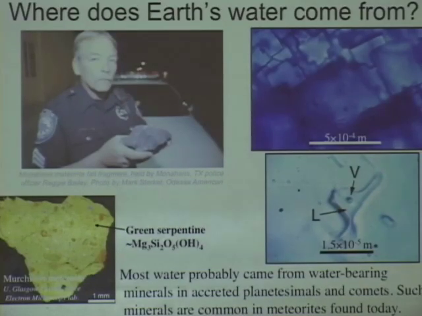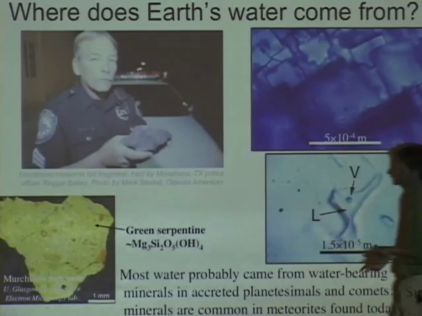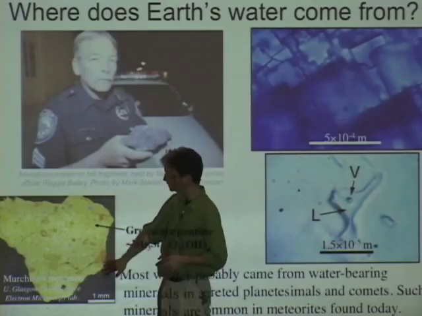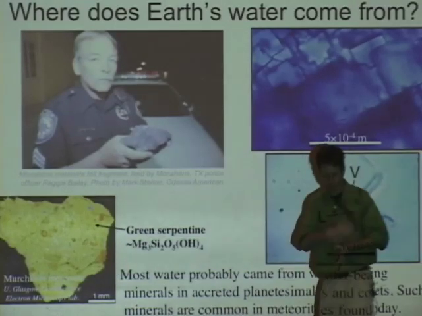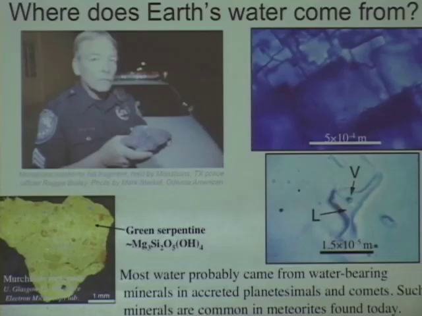In addition, we see lots of other evidence of water in meteorites in the minerals that make up the meteorites themselves. So this is a picture of a section, a polished slice through the Murchison meteorite, which is a fairly famous one.